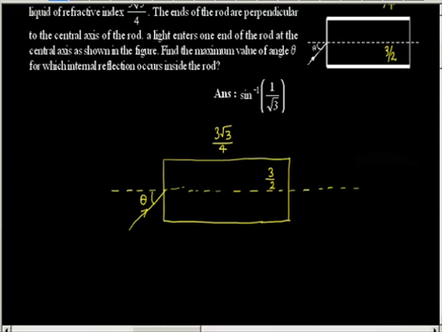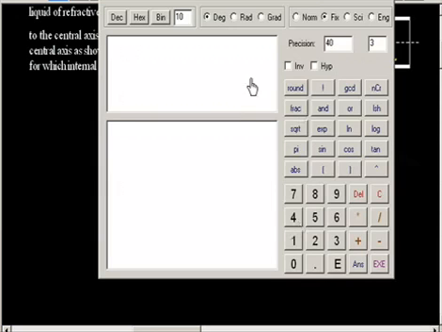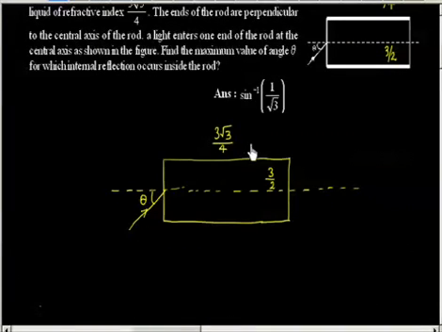You can check the value of 3 root 3 by 4: 3 into square root of 3, so this is 3 root 3, divided by 4. So this value is around 1.299, which is less than 1.5.